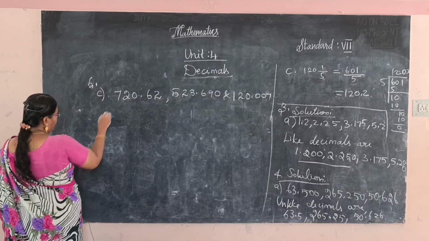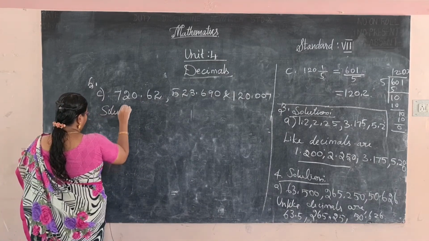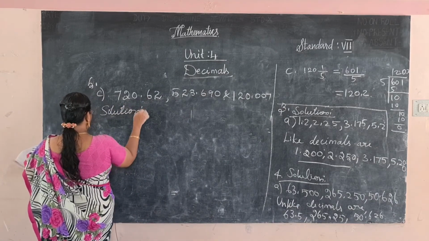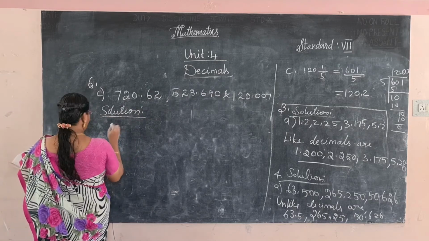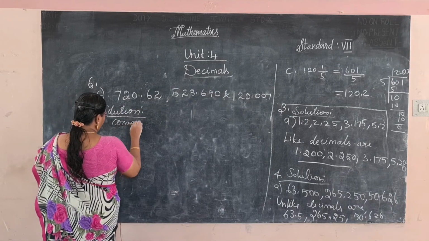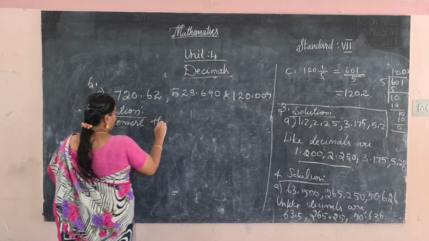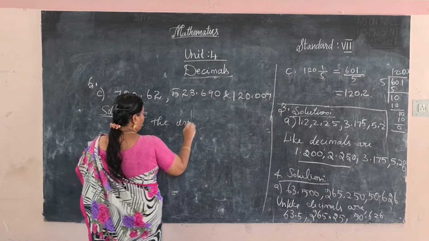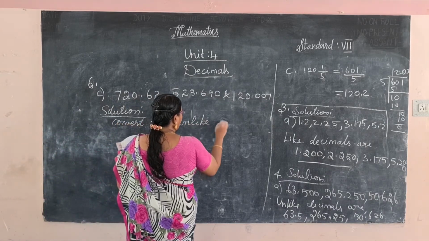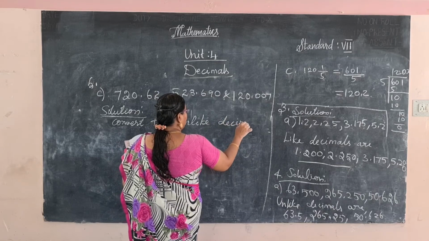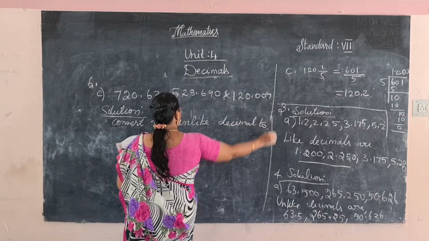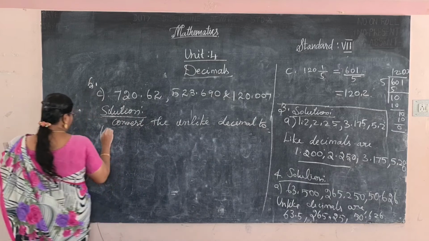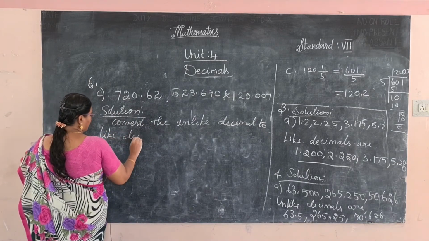So first, convert unlike decimals to like decimals.